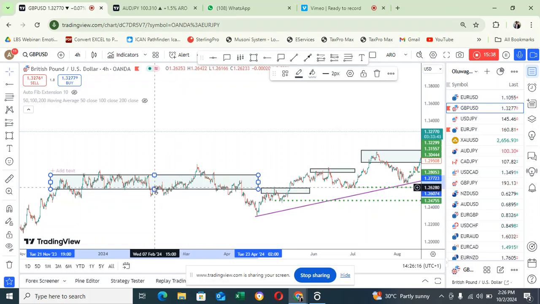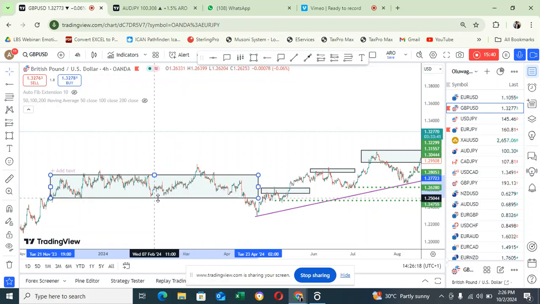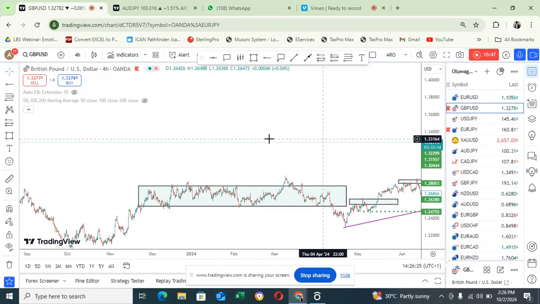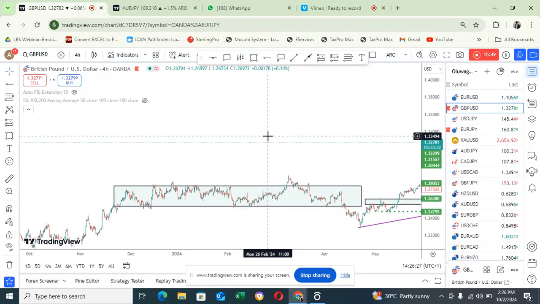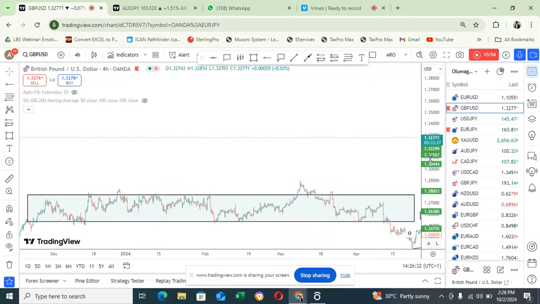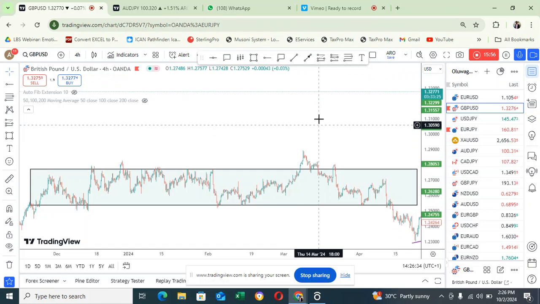As you can see here, let me adjust this a little bit. I have to zoom out the charts for it to be obvious for us to see clearly.